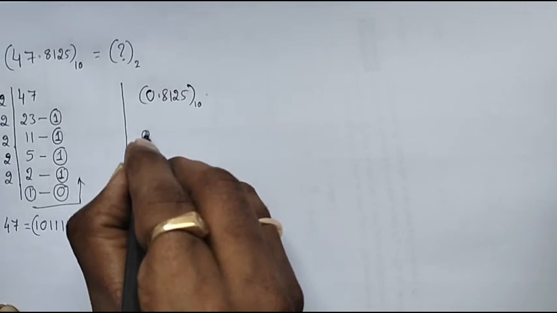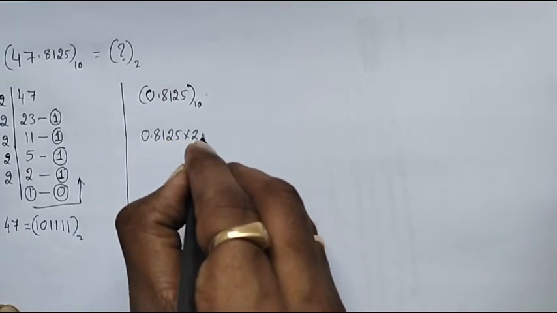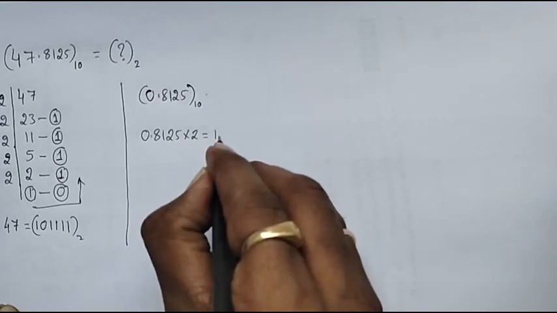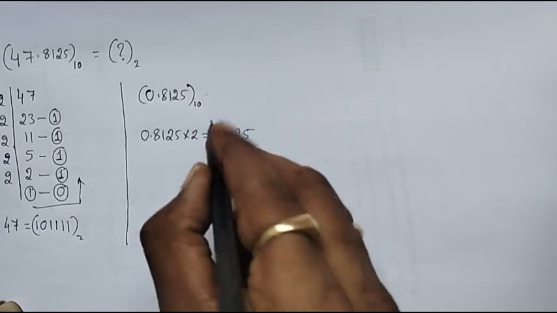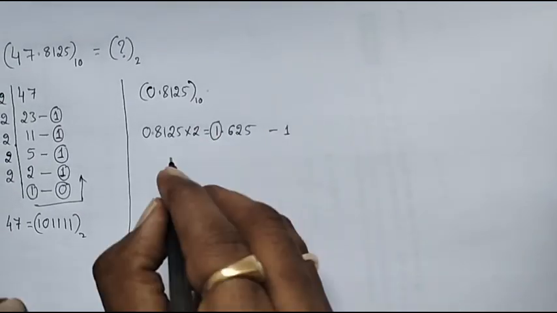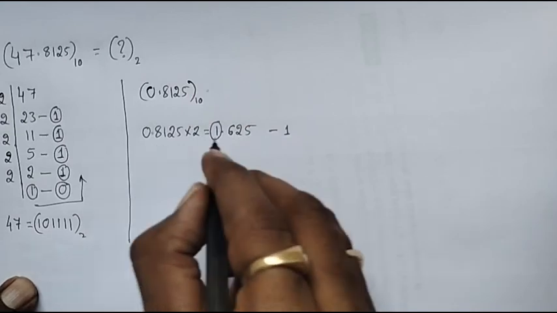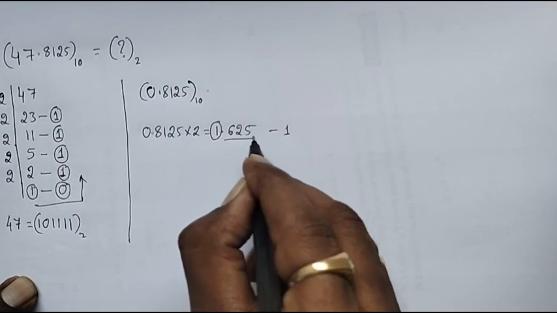That is, multiply 0.8125 by 2, we get 1.625. Note down this integer here. Now again consider the fraction part, that is 0.625.